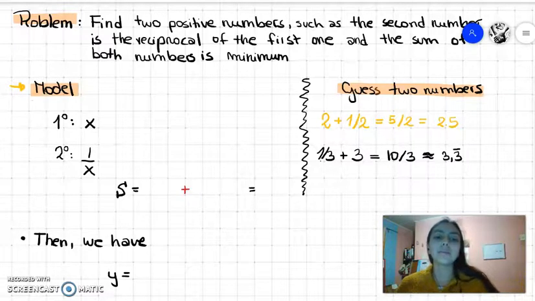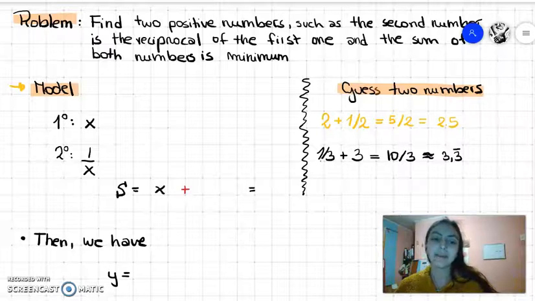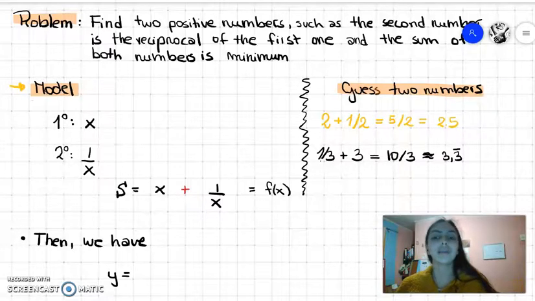So what if we represent the sum of these two numbers? We'll have x plus 1 divided by x. And we'll name that as a function that depends on x. So that function is what we have to find the minimum of, the function that corresponds to the minimum sum of the two numbers.